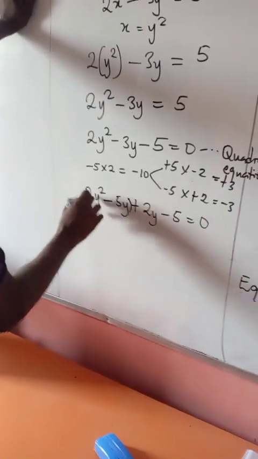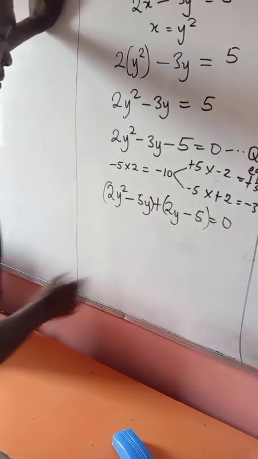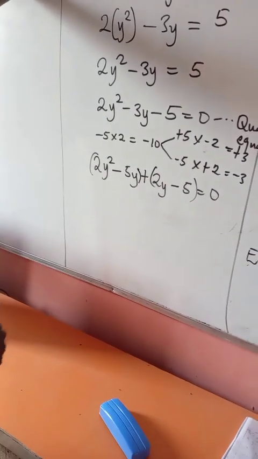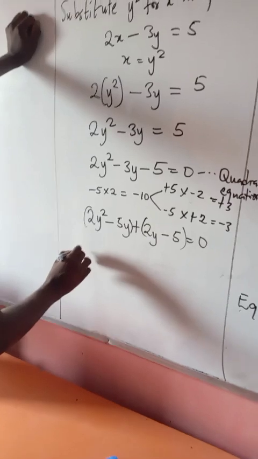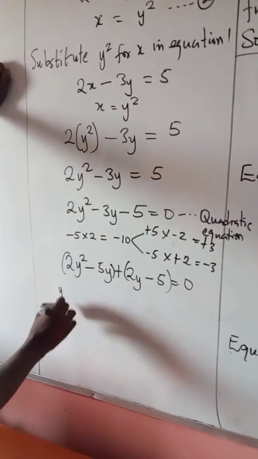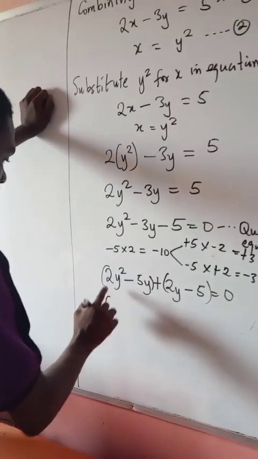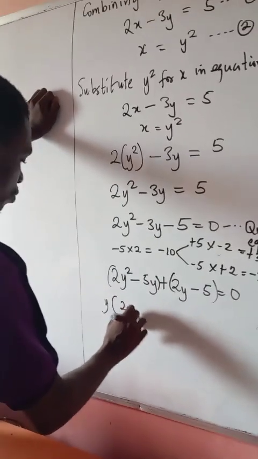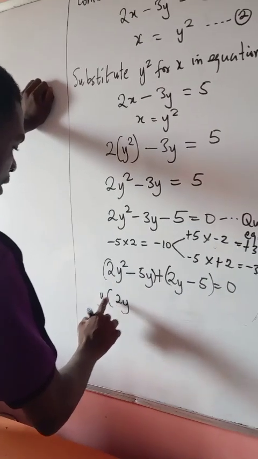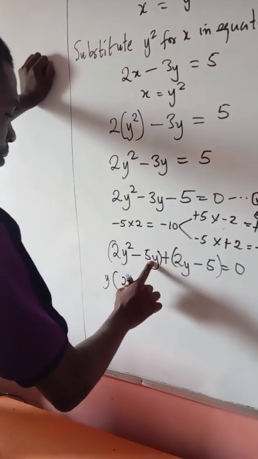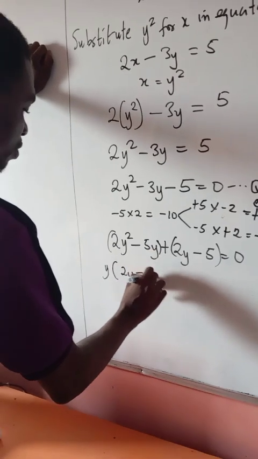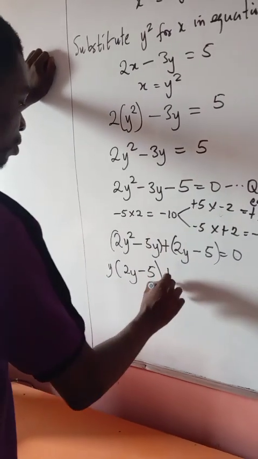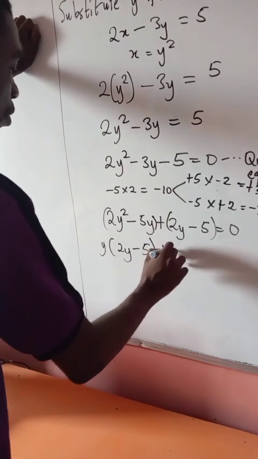So I group them like this, and I have what's common here? y is common. If y is my common factor, then 2y squared divided by y, I have 2y. Then minus 5y divided by y, I have minus 5. And I close my bracket, plus what's common here? 1.